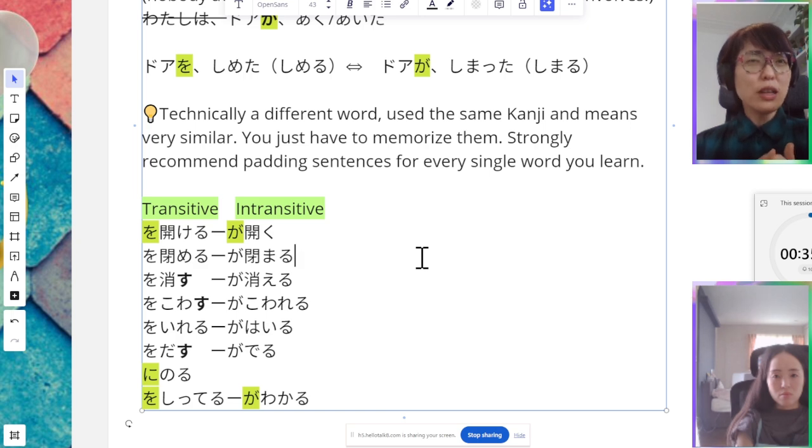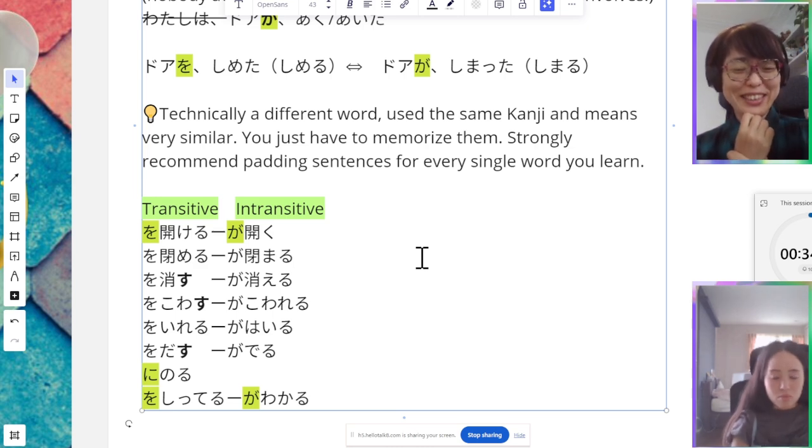But what appeared before the verb is pretty much the object. 日本語、英語, verb, right? So this is actually just the particle being dropped, shortened, omitted.